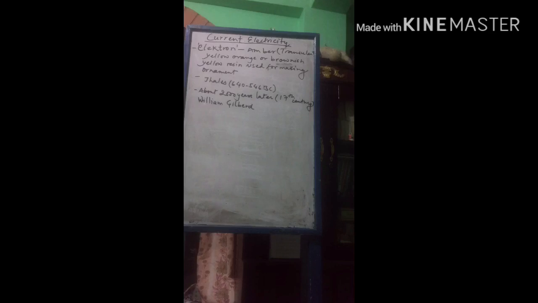To take this electricity into use, Thomas Alva Edison made the electric bulb, so that current electricity came into use for lighting a bulb.